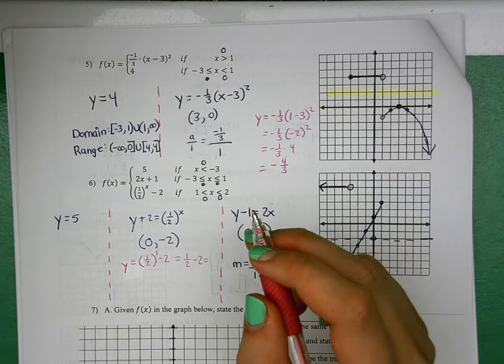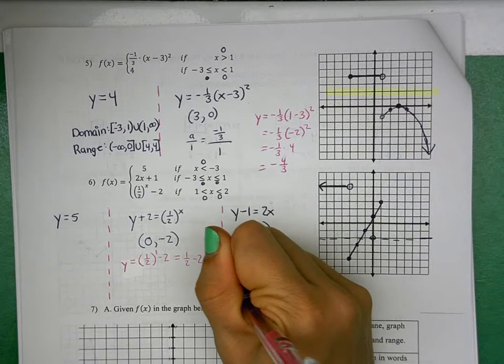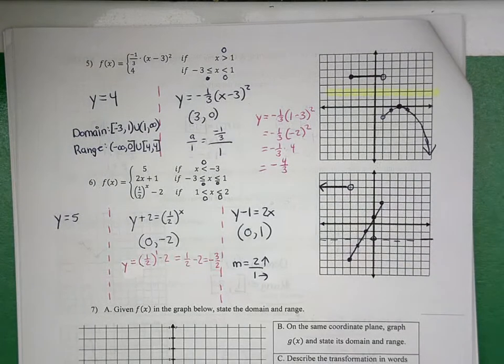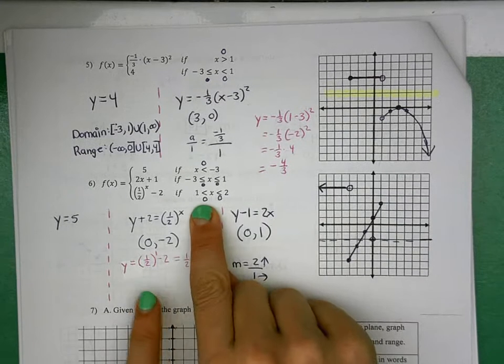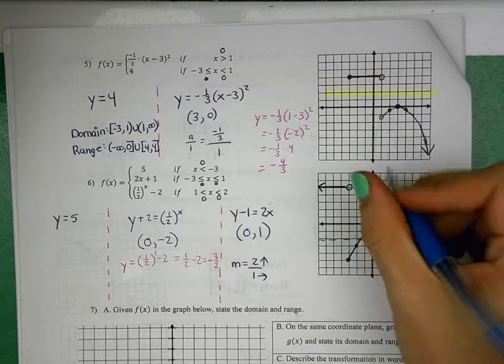For those who prefer fractions, it's negative 3/2. And so I know I have a hole at x equals 1, y equals negative 3/2, or negative 1.5.